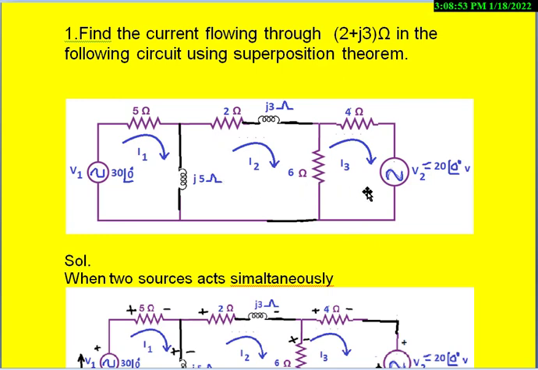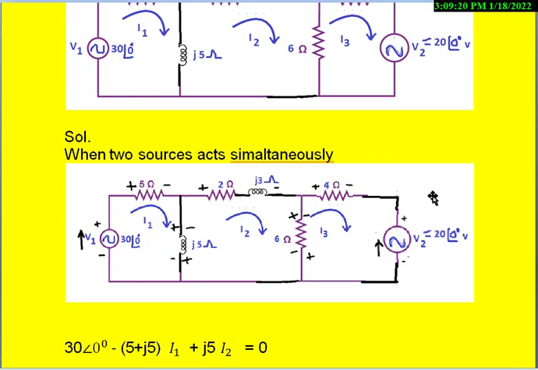Taking this into account, to apply the superposition theorem, first let us calculate the current flowing through this 2 plus J3 ohms using the KVL method. In this KVL method, we take the circuit as it is, with the presence of V1 and V2 simultaneously.